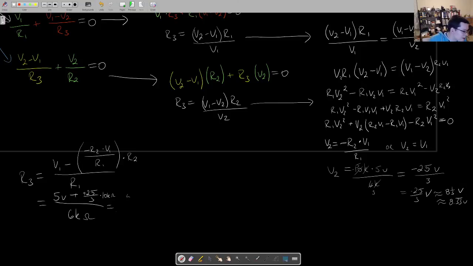Yeah, so now we got 5 volts divided by 6 kilo ohms plus 25 over 3. No, it's going to be 250 divided by 3 times kilo ohms. So that's volts.